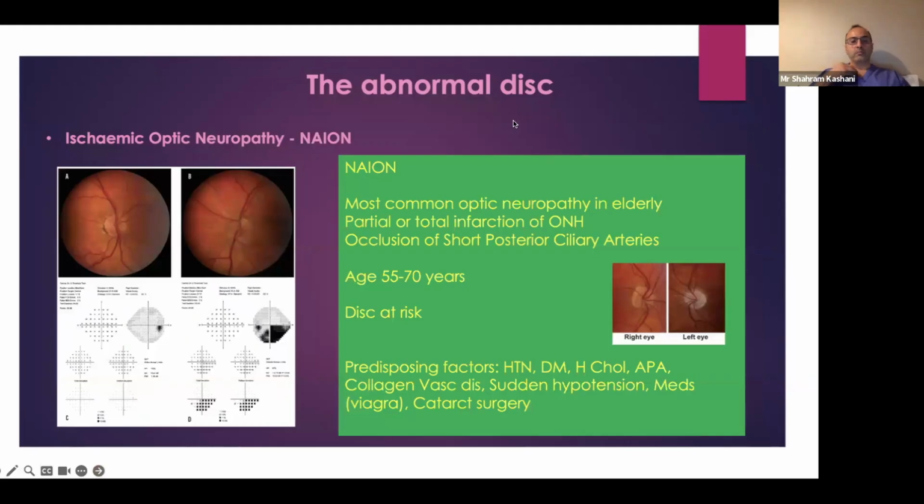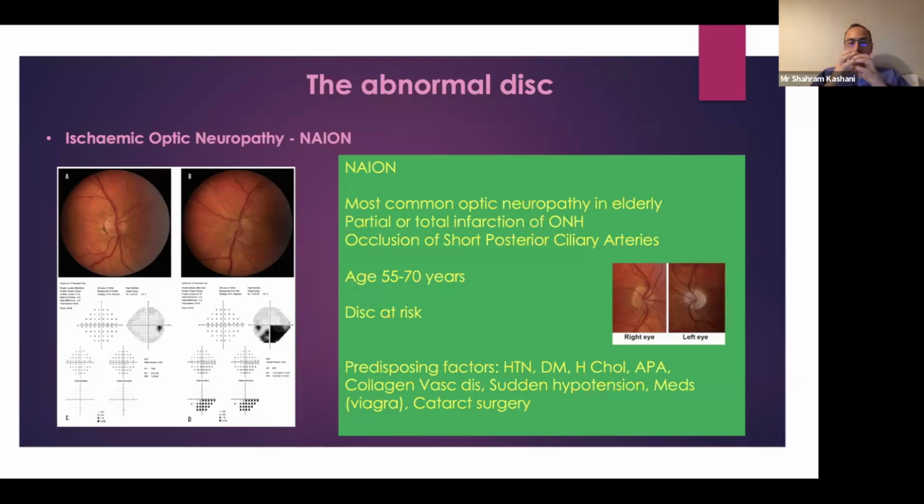Now, this kind of patient, so what we call ION, ischemic optic neuropathy. Okay, so we've got a vascular cause. And if you say NAION, non-arteritic ischemic optic neuropathy, that means there's no inflammation in the blood vessels. You can often see these patients because if you look at the other eye, there's hardly any cup.